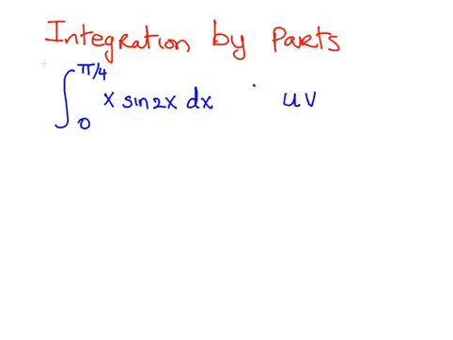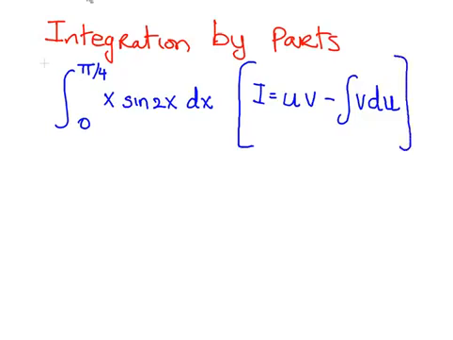The answer is in the form uv minus the integral of v du. What we have to do here is identify u, and in this case we're going to let u equal x.